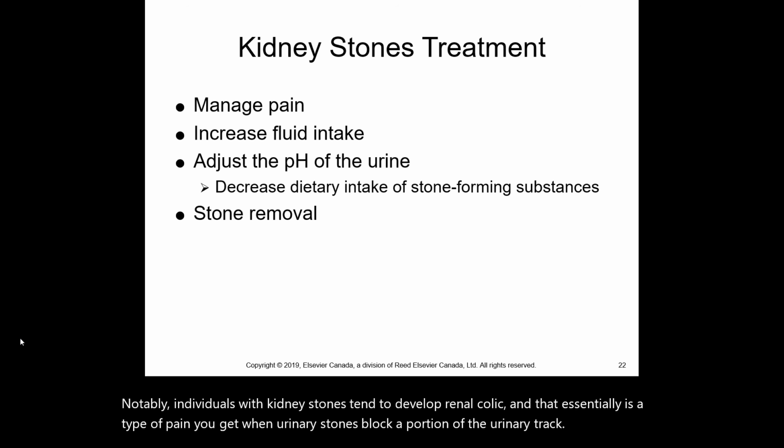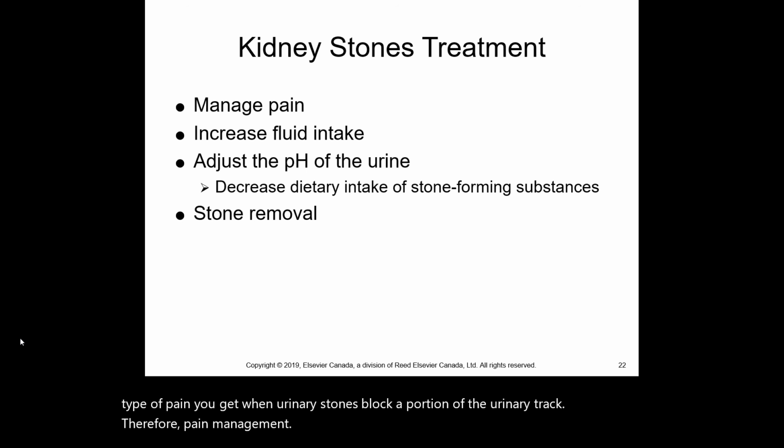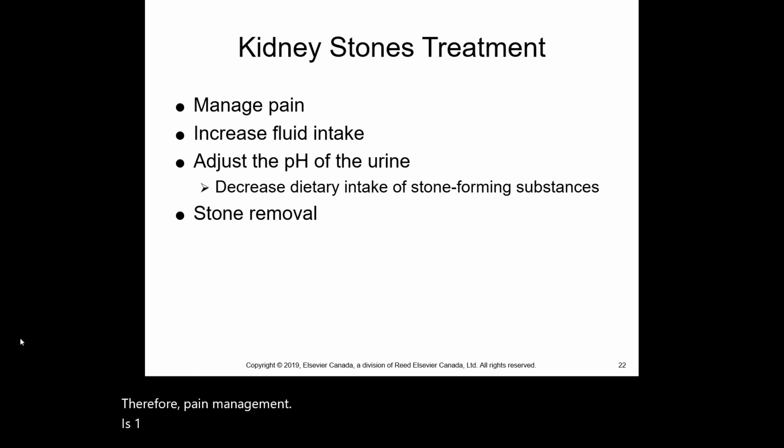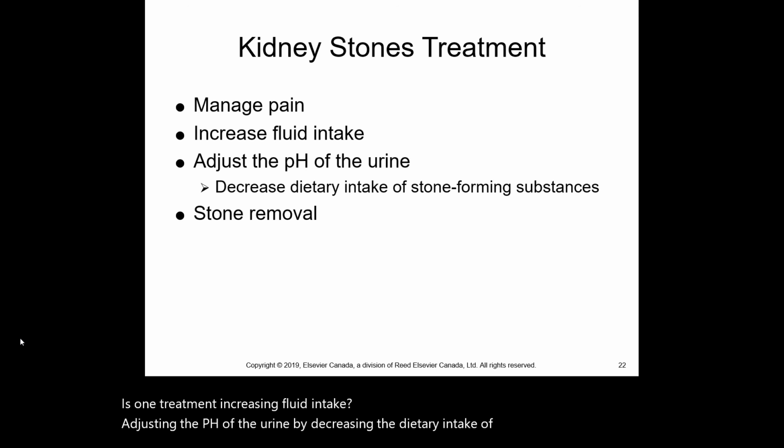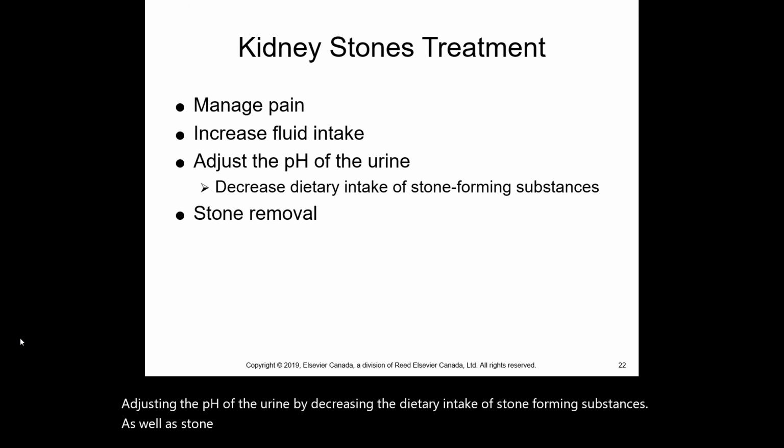Therefore, pain management is one treatment. Increasing fluid intake, adjusting the pH of the urine by decreasing the dietary intake of stone-forming substances, as well as stone removal, are all possible treatment options.